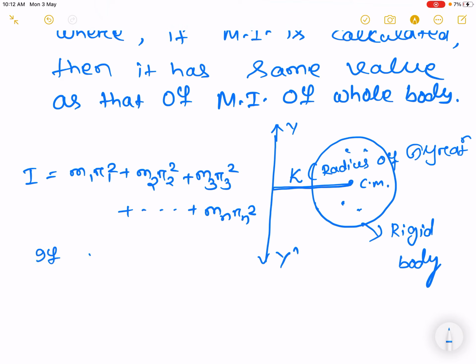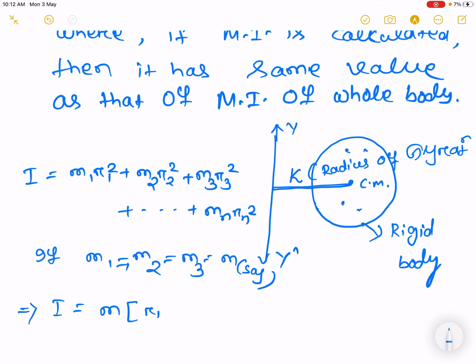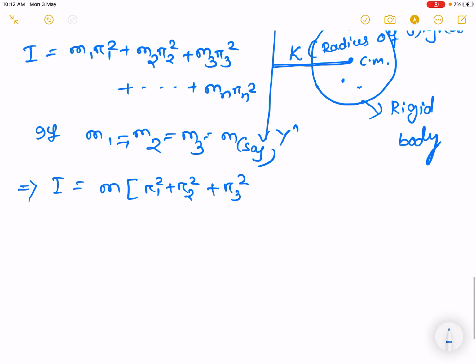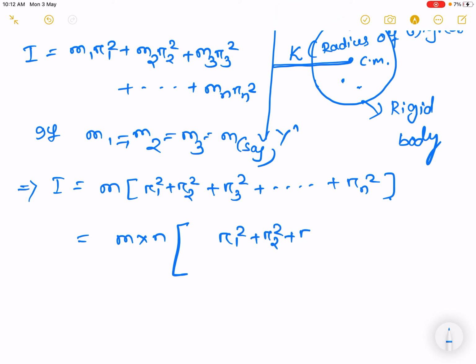If m1 equal to m2 equal to m3 equal to m, that is, all particles have equal mass, then I equal to m common, so m into r1 square plus r2 square plus r3 square plus up to rn square, equal to m n multiplied by r1 square plus r2 square plus r3 square up to rn square divided by n.